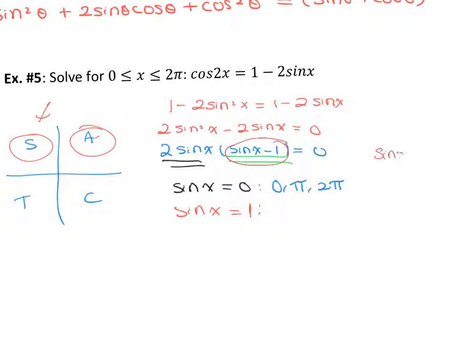So sine x minus 1 is equal to 0. You add 1, you add 1s. Yeah. So on our unit circle, where do we have a sine value of 1? Pi over 2. There we go. That's better.